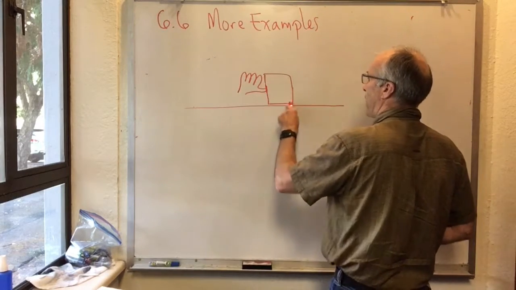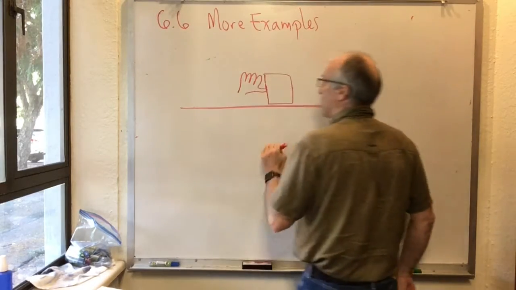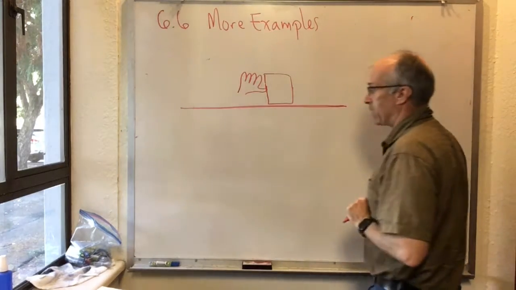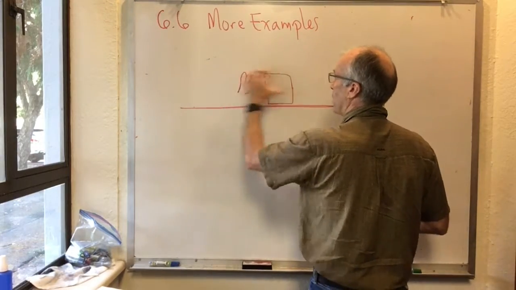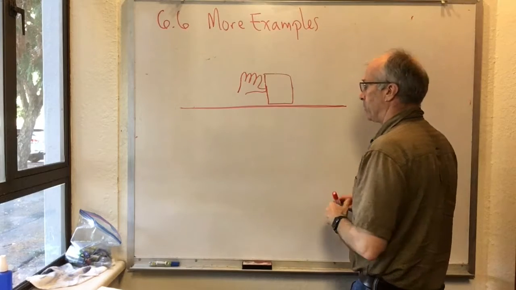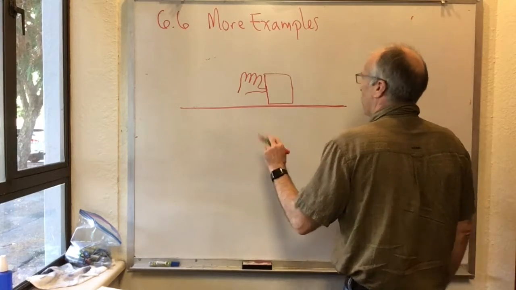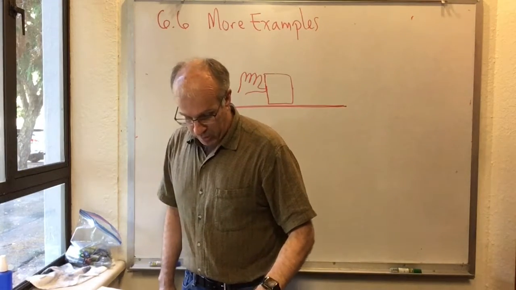Here's some kind of box, and here's some kind of surface, and here's somebody's hand, and they're going to grab and push and pull on this box. And we're going to have a kind of complicated expression for how hard they're going to push and pull.